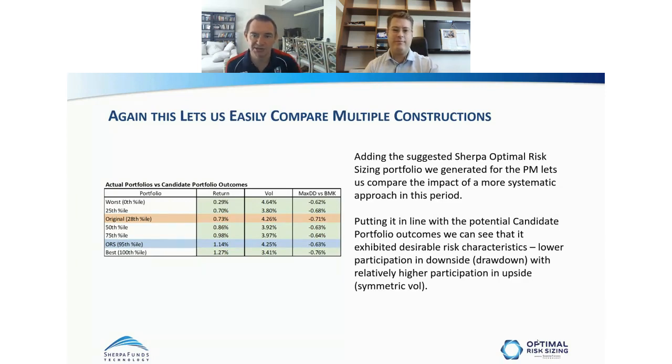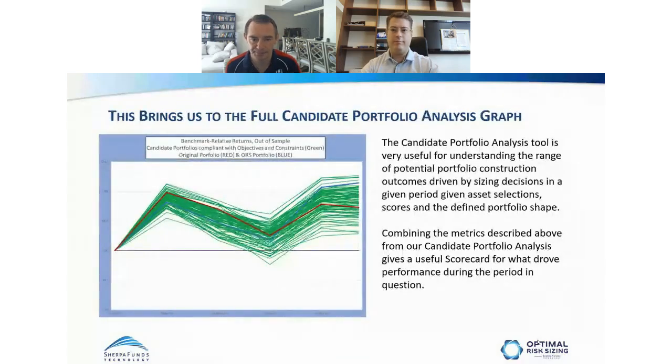Assessing what you've actually done using this candidate portfolio framework and looking at your 4 S's allows you to say, where am I doing well? Where can I do better? And so, yeah, this is the final picture, right? The green line's what every possible portfolio could have constructed. The red line, the one you did construct.